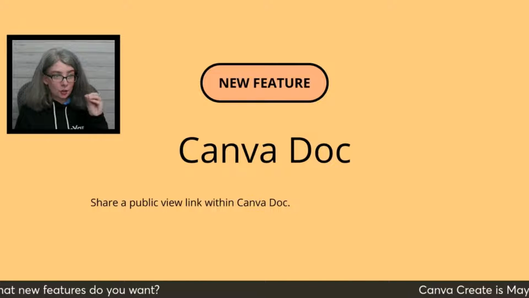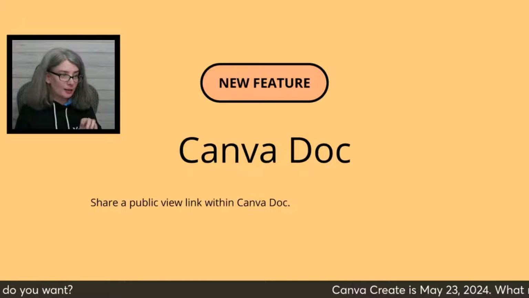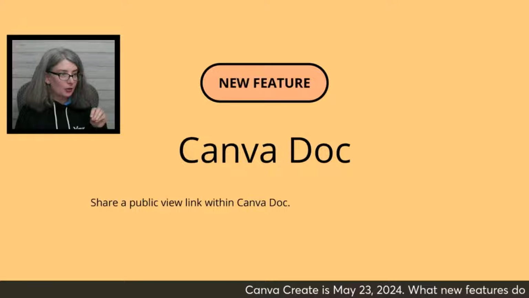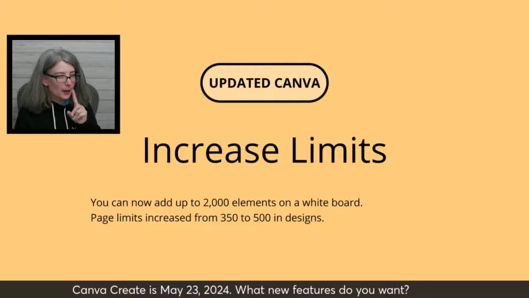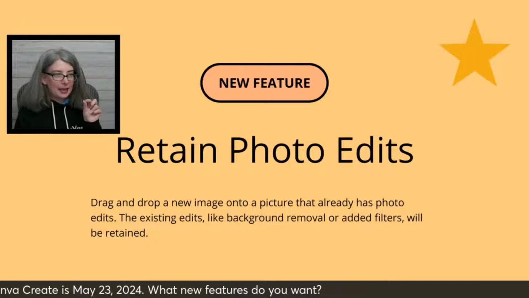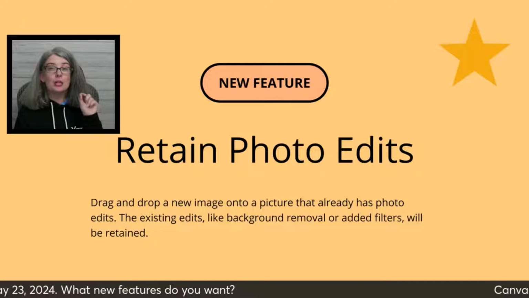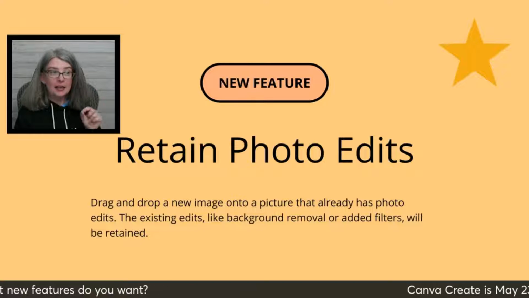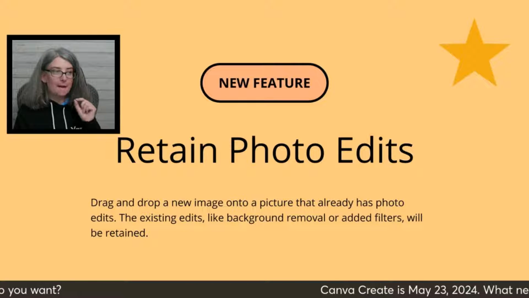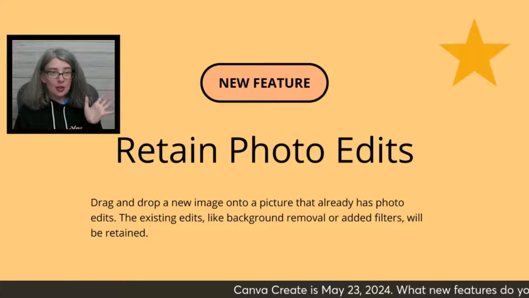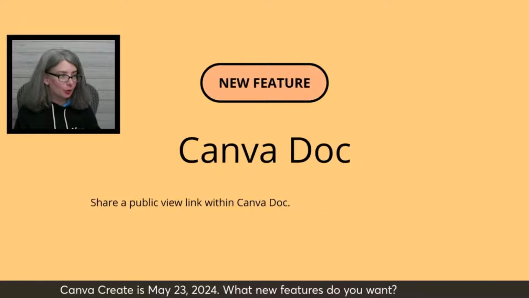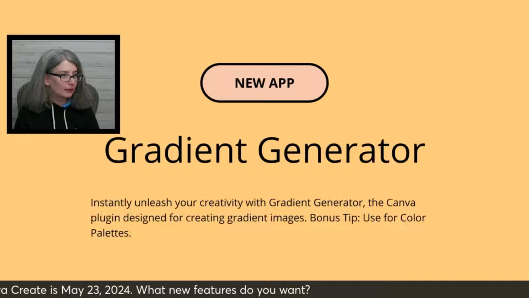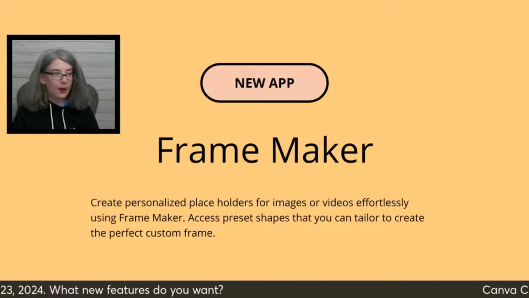And there's also another new feature in Canva Docs. After I talk about those, there's a couple UI changes that I'll talk about. And then I'm going to get into the really fun things, such as retain photo edits. And there's probably 5 or 6 really fun ones that I'm going to show after these little simple ones.